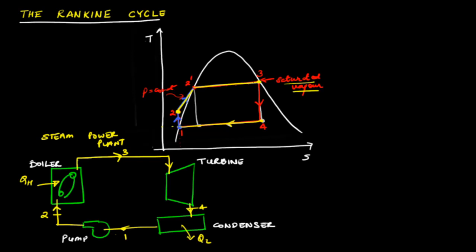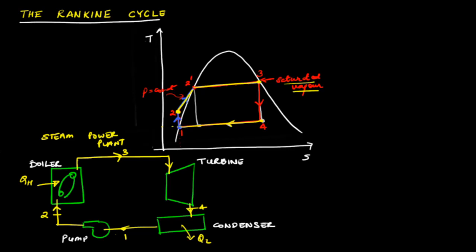So here we have shown a flow system to execute this Rankine cycle, but the Rankine cycle can also be executed in a cylinder piston arrangement, just as we have looked at a cylinder piston arrangement for operating a heat engine, but this time the substance is the vapor or the liquid vapor mixture.